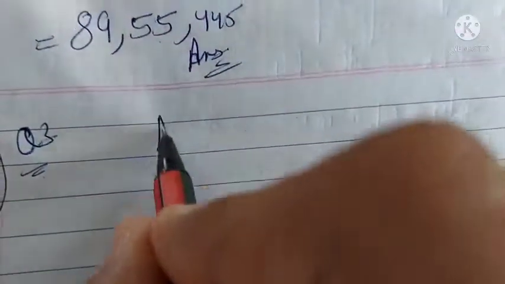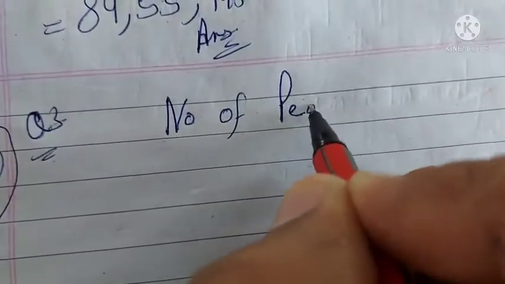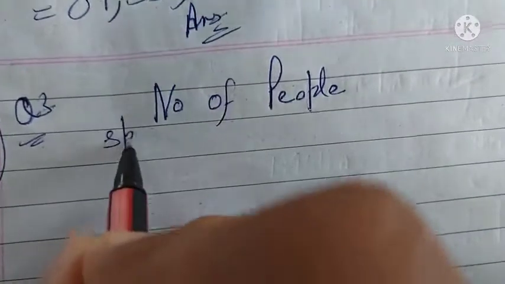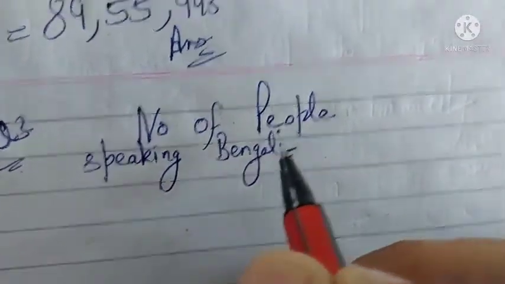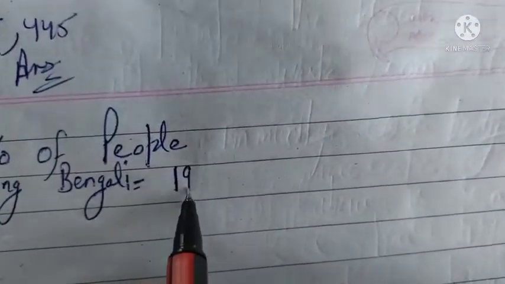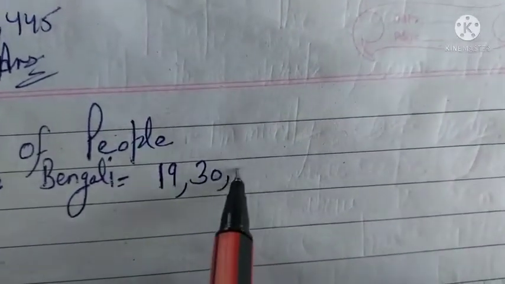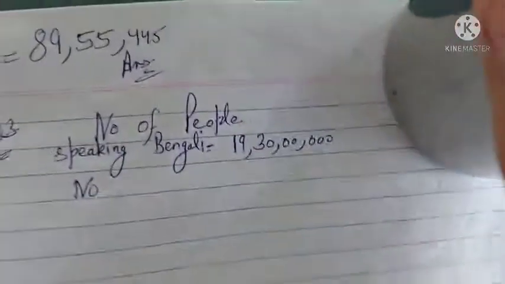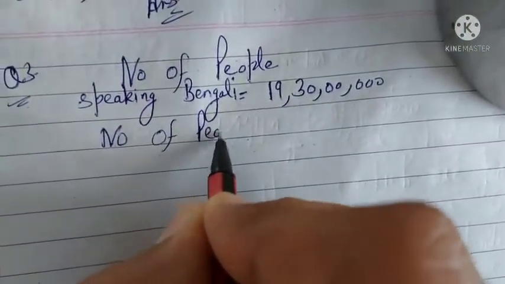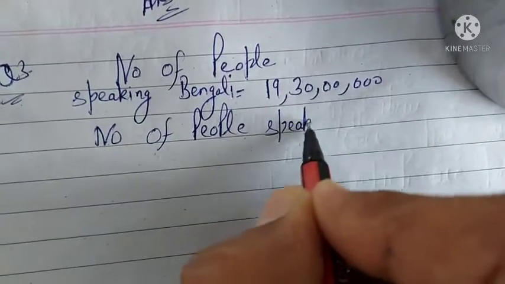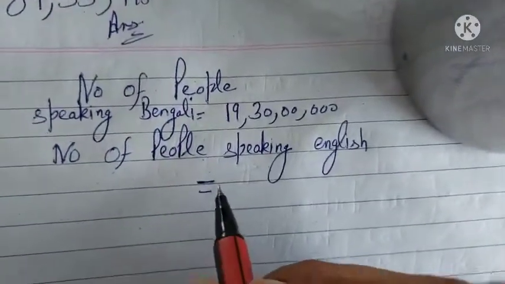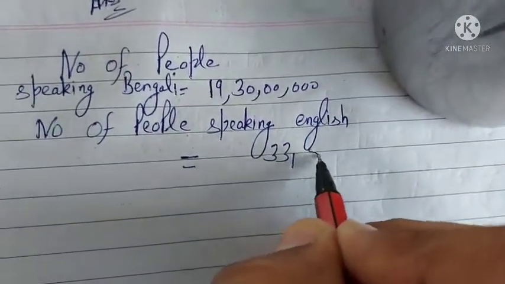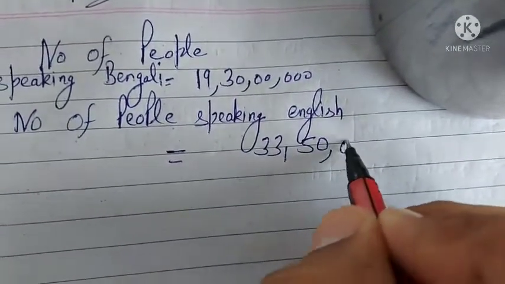So this question is like that. The number of people speaking Bengali is equal to 193,000,000, and the number of people speaking English in the world is 3350 00 000.